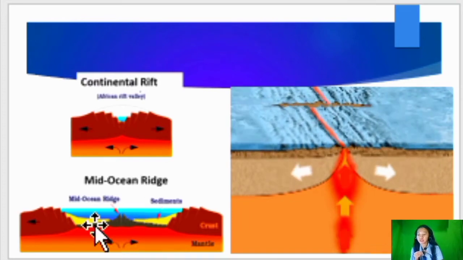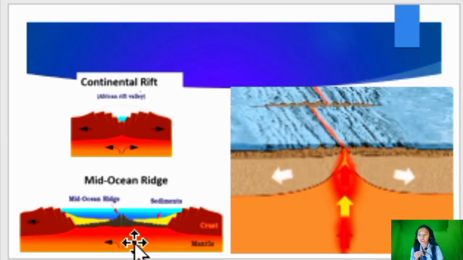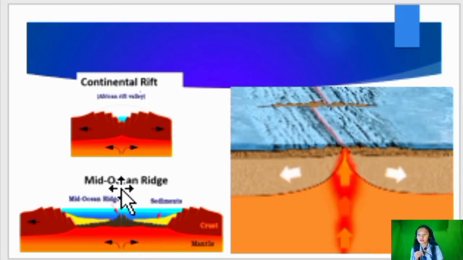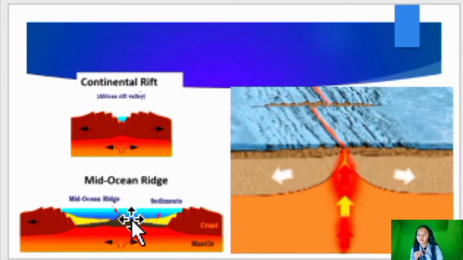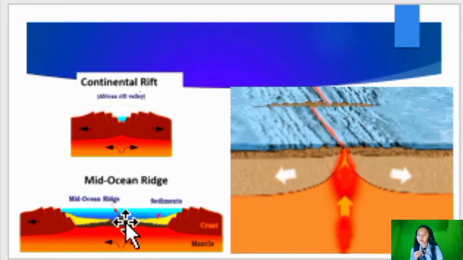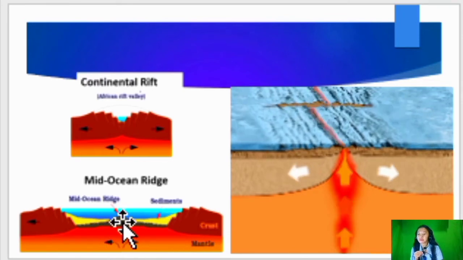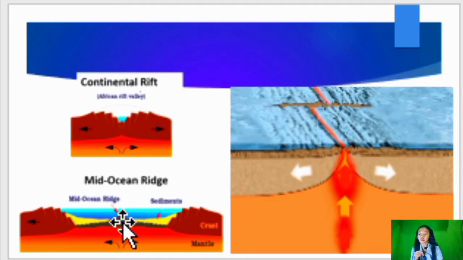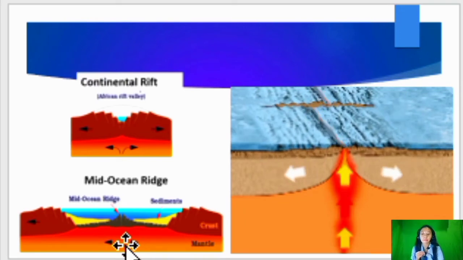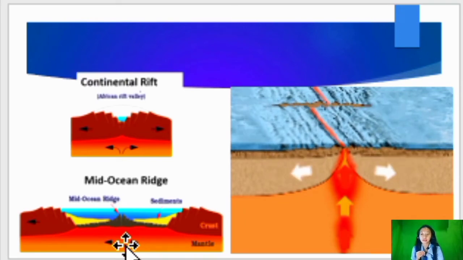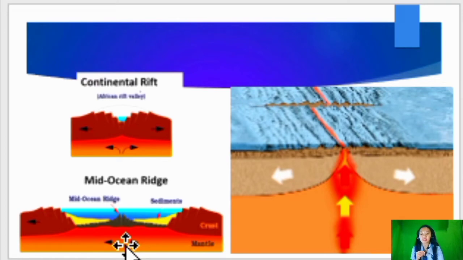That could create a continental rift, and as they move apart, this space at the center could be filled with water as time goes by. So a divergent plate boundary may create rift valleys and mid-ocean ridges.